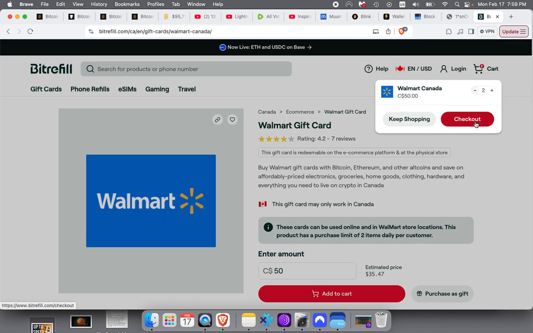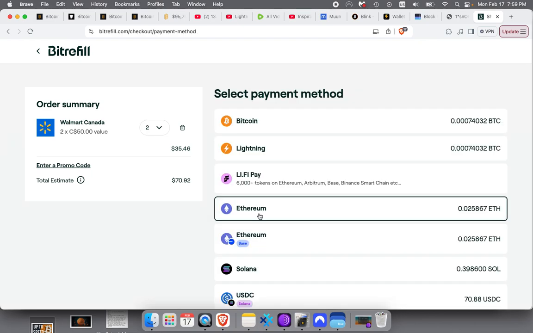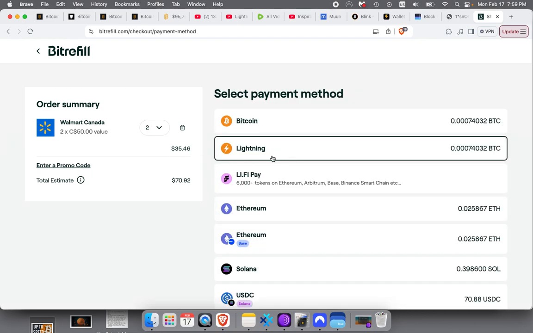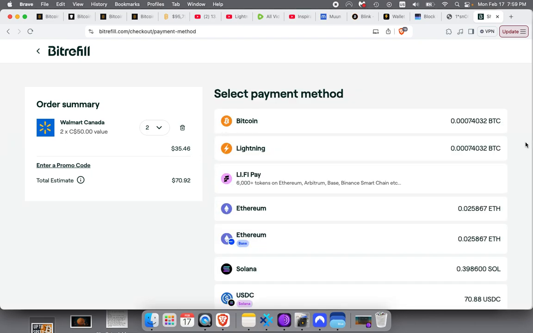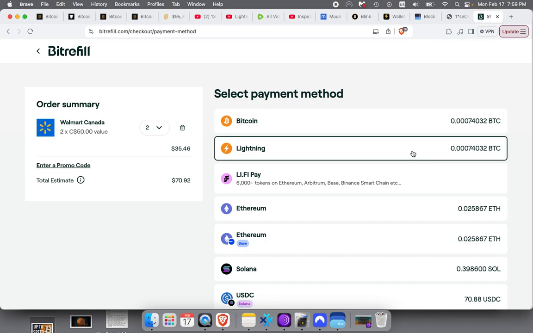And now I'm going to take two of them and just put in my email and click here. Now I have many options. I have Bitcoin, as we know, but I may not want to pay heavy on-chain fees at the moment, and Lightning is faster and quick.